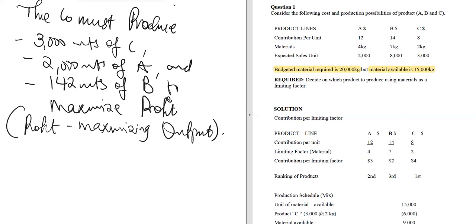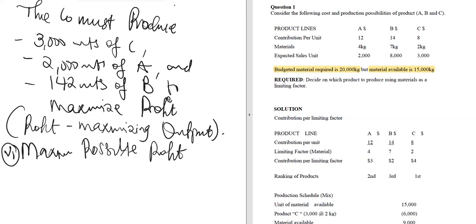In that case, since we have no fixed cost in this question, we can find our maximum possible profit, which is still our contribution. And that's the last step, which is step 6.